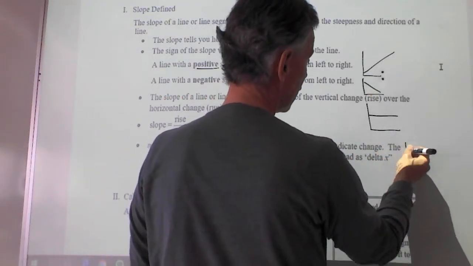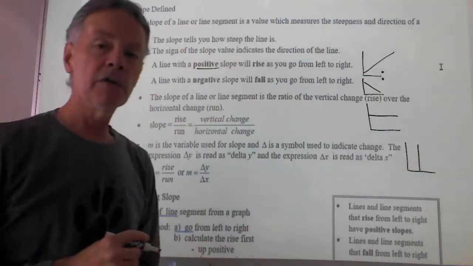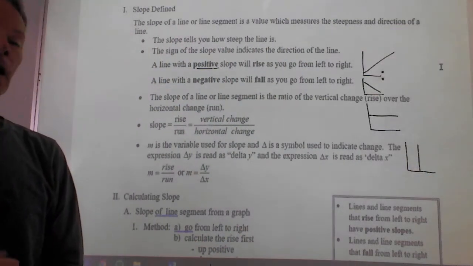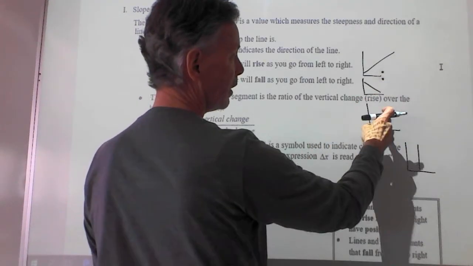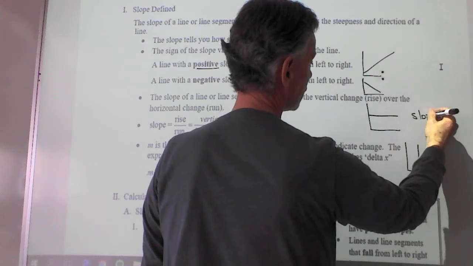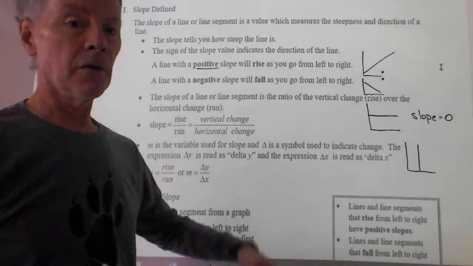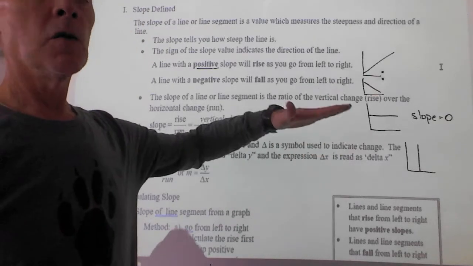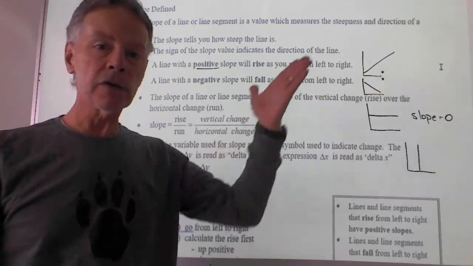Or you could have a line that's perfectly vertical. Okay, again, two different possibilities. Horizontal lines have a slope equal to 0. So if you have a totally flat line, you will always have a slope of 0. It has no steepness, right? It doesn't go up or down.